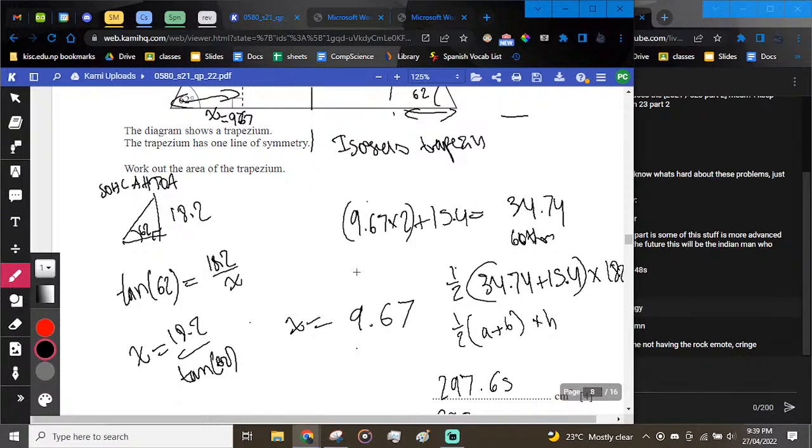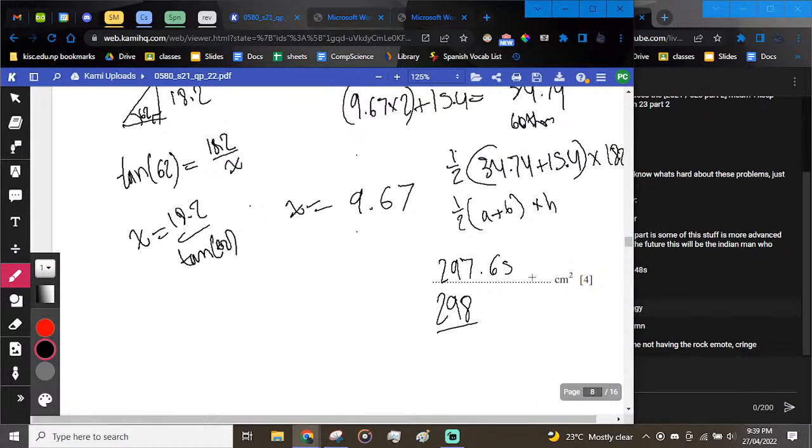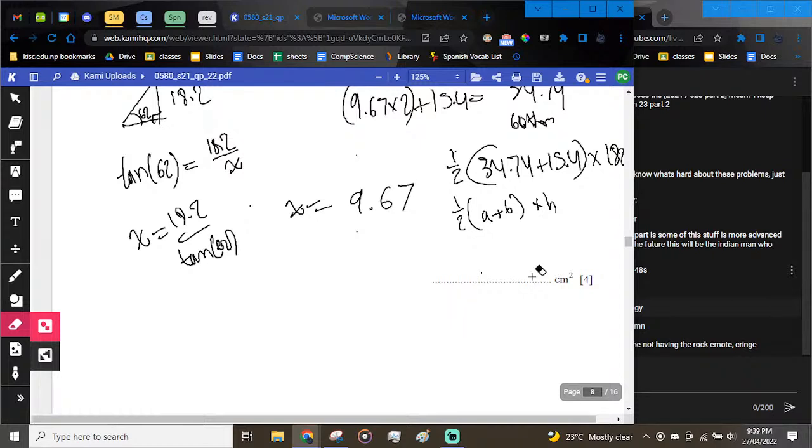Oh, I see what I seem to have done wrong. These brackets right here are important. If you would have guessed that, congratulations. Because you're basically finding the average between the top line and the bottom line to turn it into a rectangle which you can work with. 18.2. Yep. Wrong here. Always type in with brackets even if they look unnecessary.